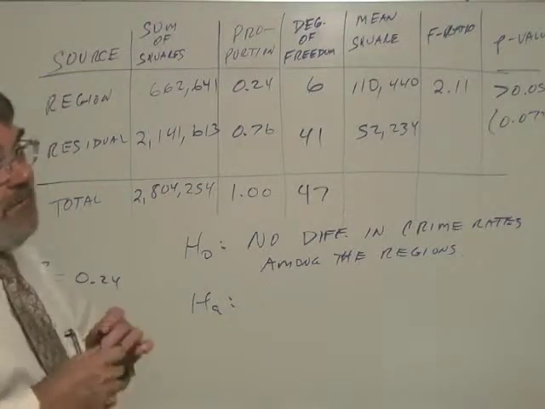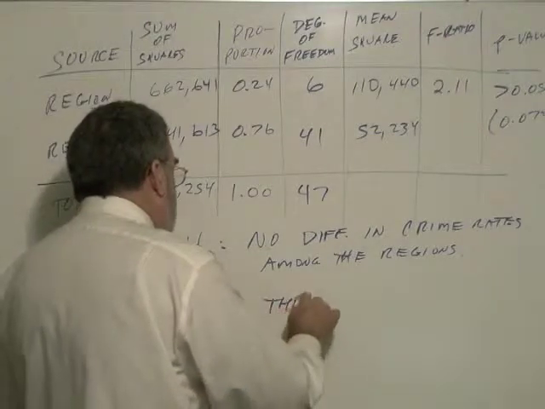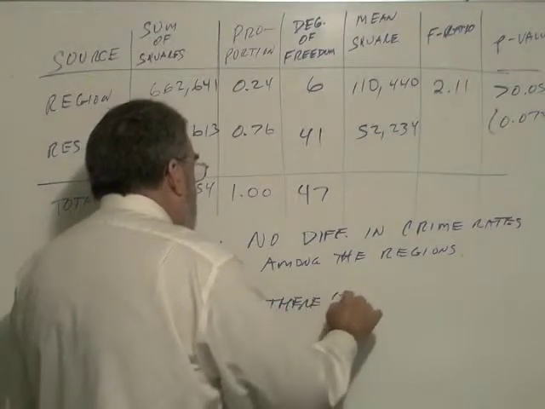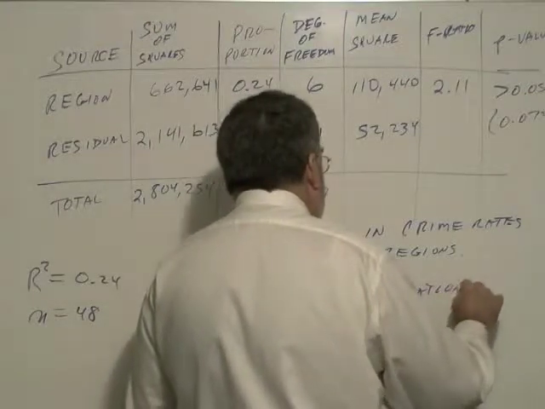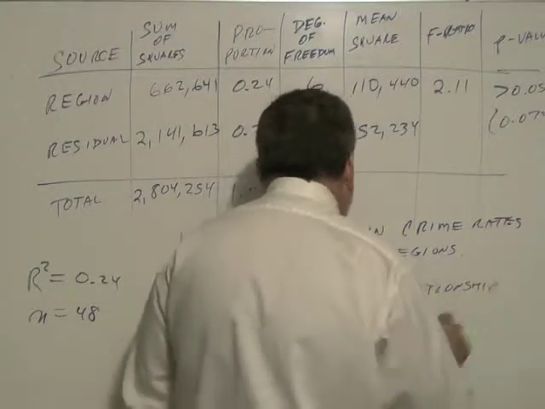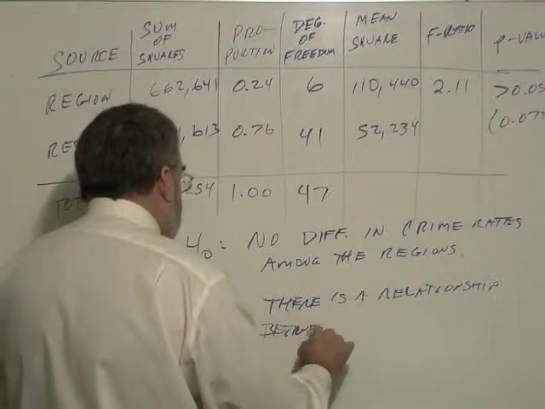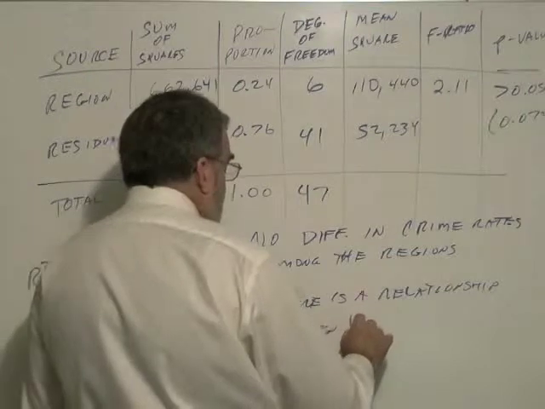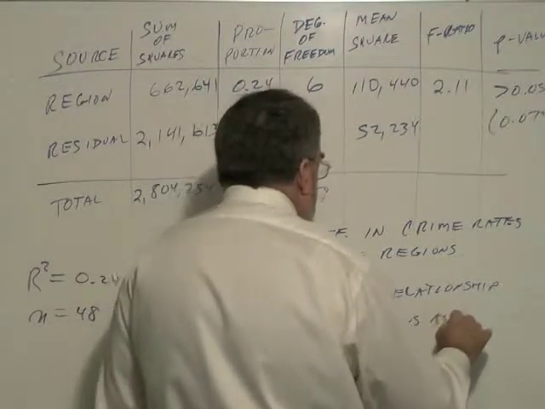The alternative is that there is a relationship between regions and crime rates.